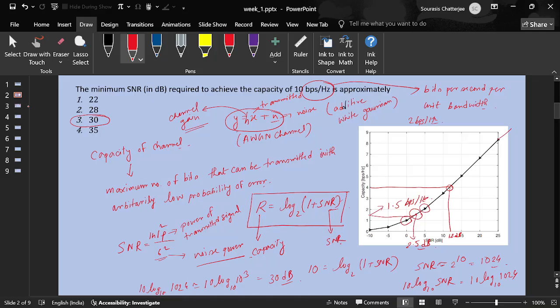So how do you do that? As per our discussion till now, I can use only BPSK, which is capacity achieving at around 0 dB, or I can use QPSK, which is capacity achieving at 5 dB, but I am operating at 2.5 dB, where the capacity is only 1.5 bps per hertz. So how do I exactly achieve that?